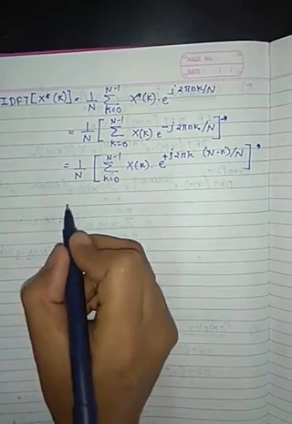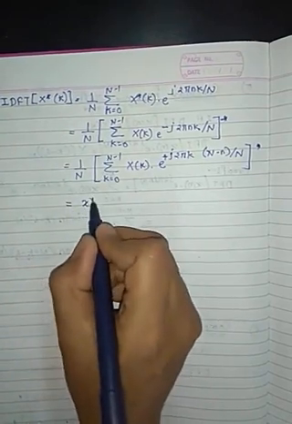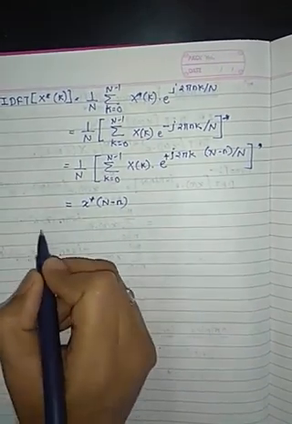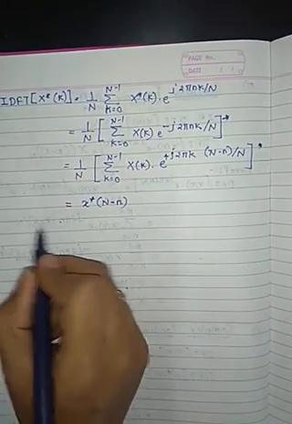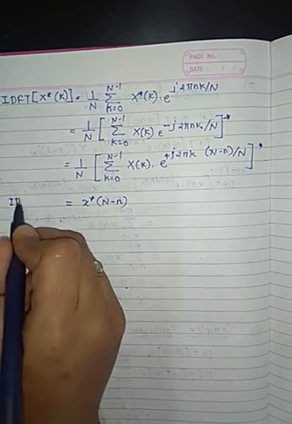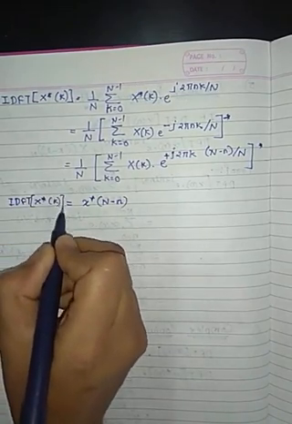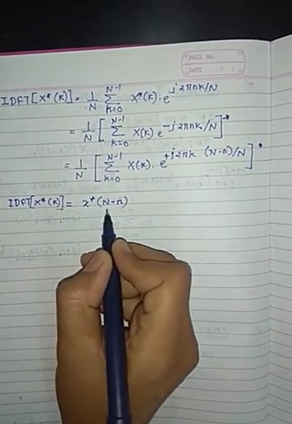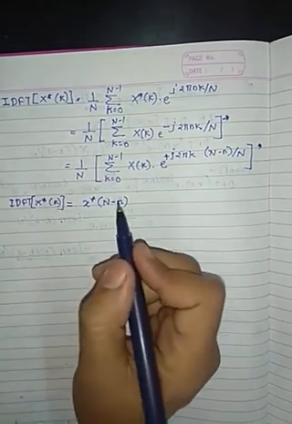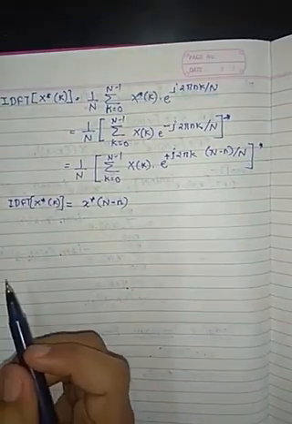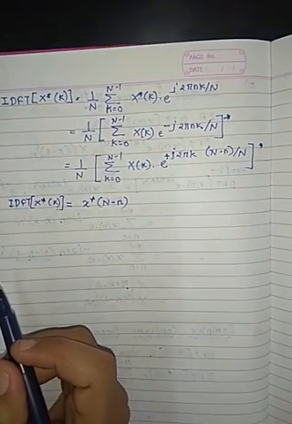That is nothing but x complex conjugate of N minus n. So we can say that the DFT and IDFT of X complex conjugate of k is equivalent to x complex conjugate of N minus n. This is the complex conjugate property.